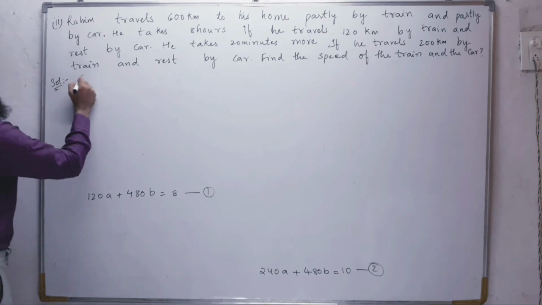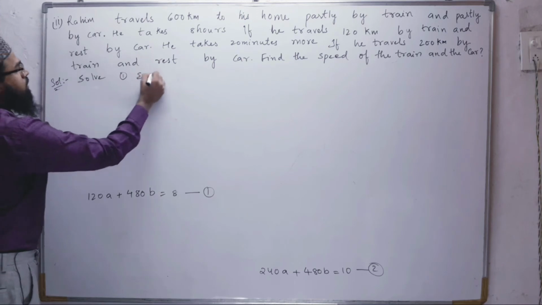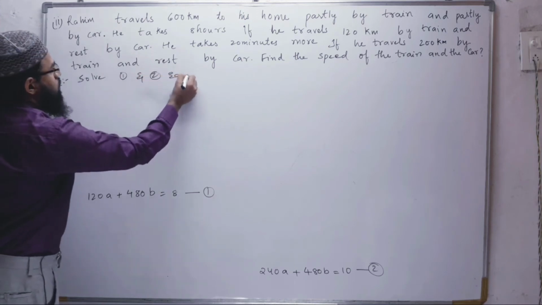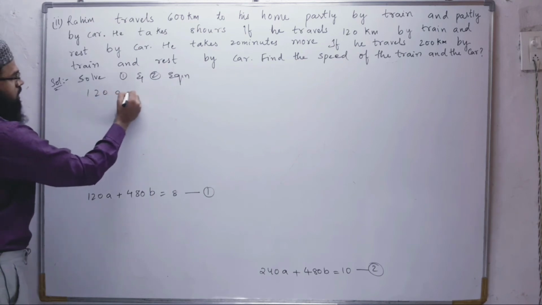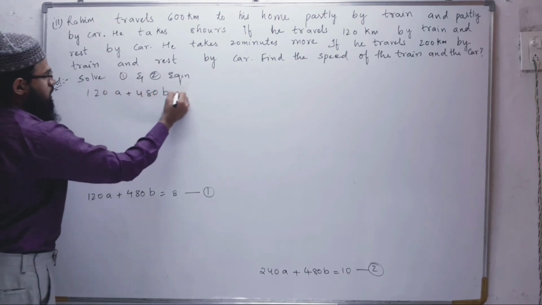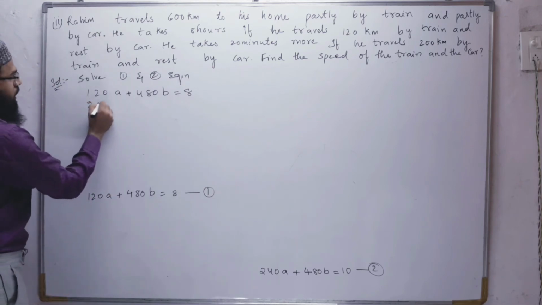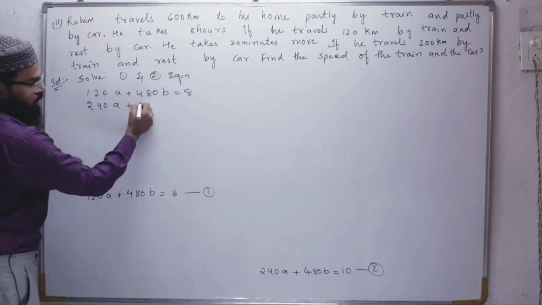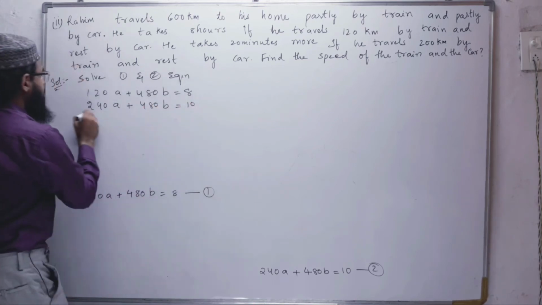Now let us solve the first and second equations. We get 120a plus 480b is equal to 8 and 240a plus 480b is equal to 10.